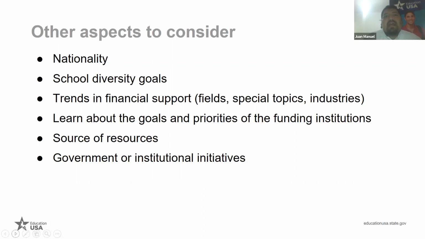For example, if the money is coming from a government, maybe that year the government has a specific emphasis on renewable energies, right? So any applicant with a topic on renewable energy is going to have an advantage that year because, as a government, they're making an emphasis on that. Maybe they're making an emphasis on gender equality or on environmental issues. So you want to understand that and use that to your advantage.